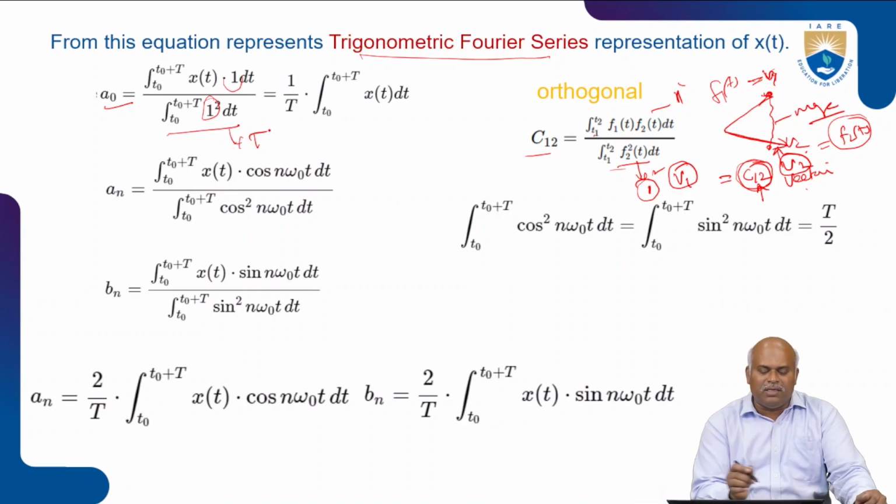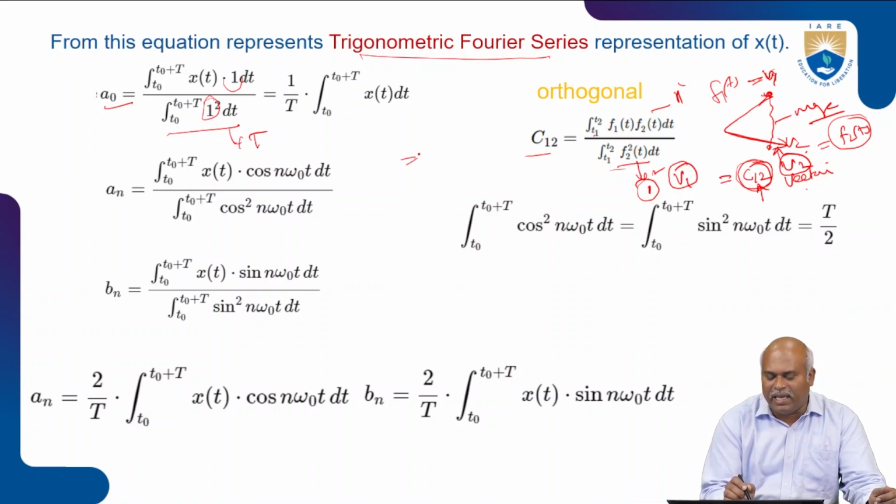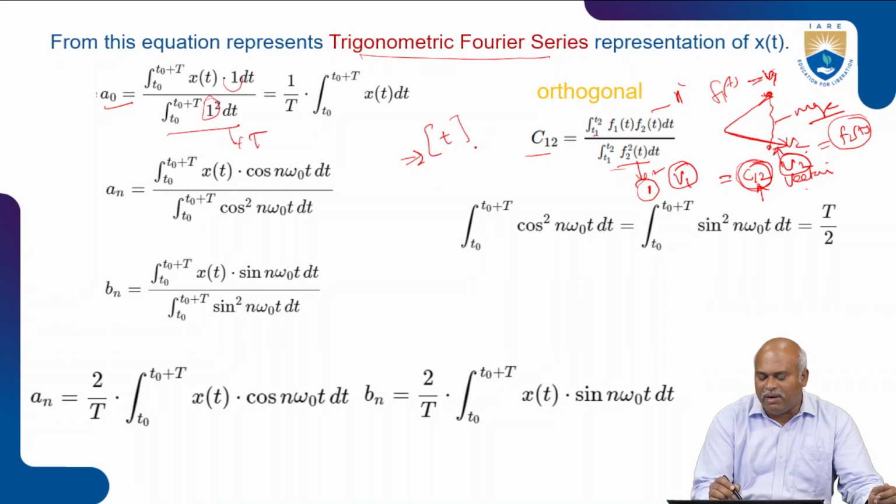Here I represent the interval of this term only: t0 to t0 plus capital T. Then I write t0 plus capital T minus t0.